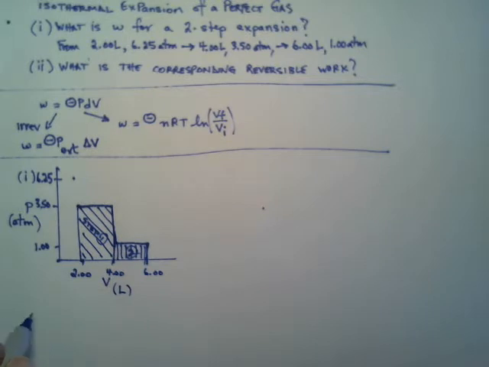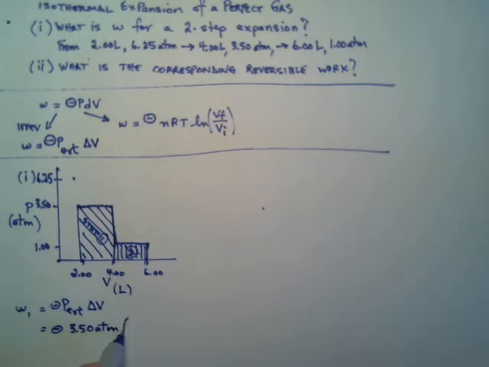All right, so now my total work is going to be equal to the work of the first plus the work of the second step. So let's call it W1, the work of the first step, and we know it's equal to minus P external delta V. My P external is 3.50 atmospheres.